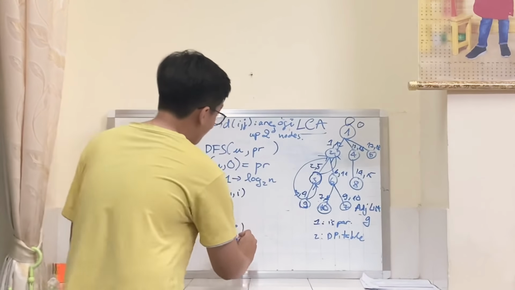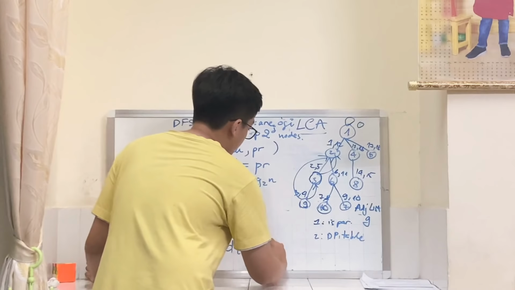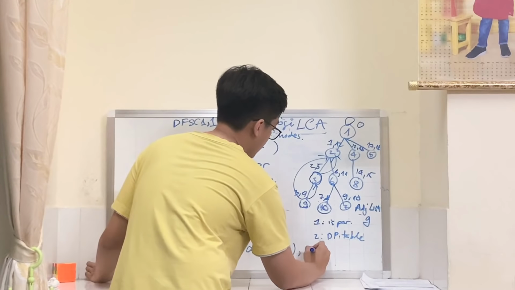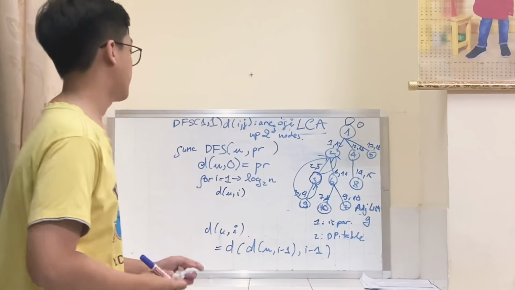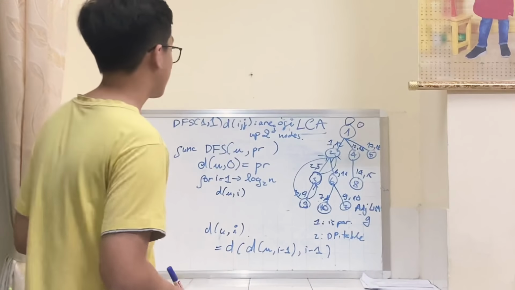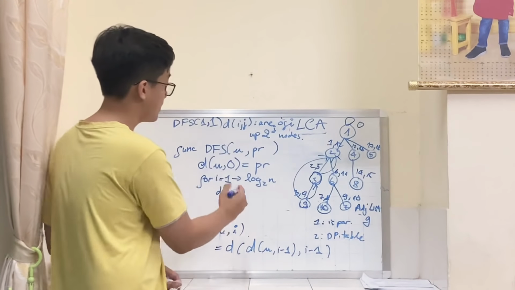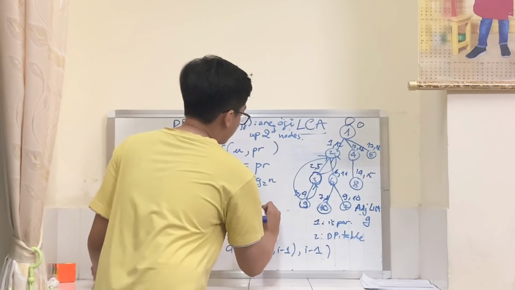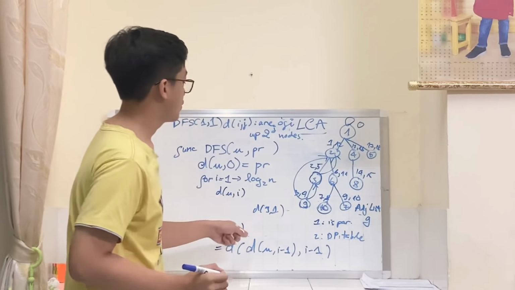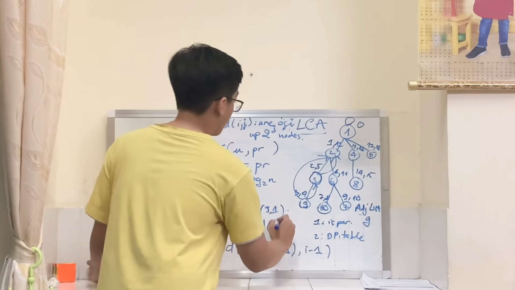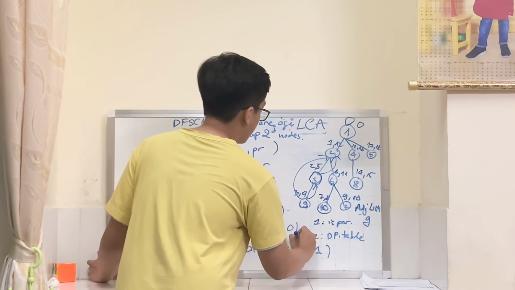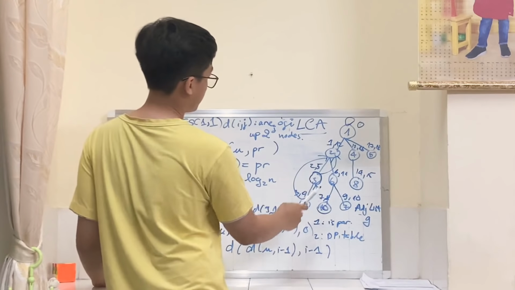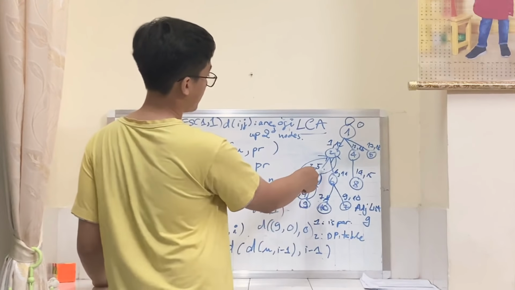So it will be d[d[u][i-1]][i-1]. Yeah, that makes sense, right? For example, d[9][2], d[9][1] will be equal to d[d[9][0]][0]. So d[9][0] is 3, and d[3][0] is 2.